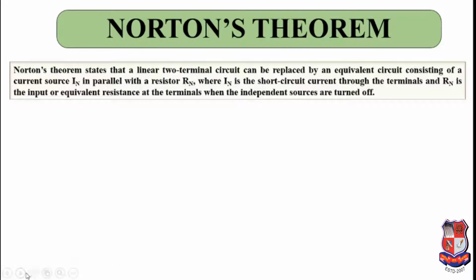So Norton's theorem states that a linear two-terminal circuit can be replaced by an equivalent circuit that consists of a current source IN in parallel with a resistor RN.